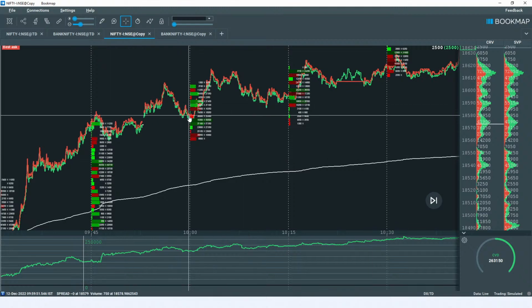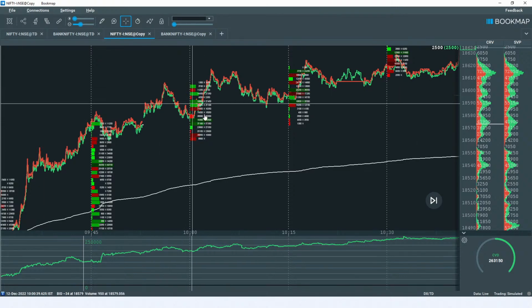Yeah, this is the order flow information of 955, and this is where the maximum number of transactions happened. This is the price level.